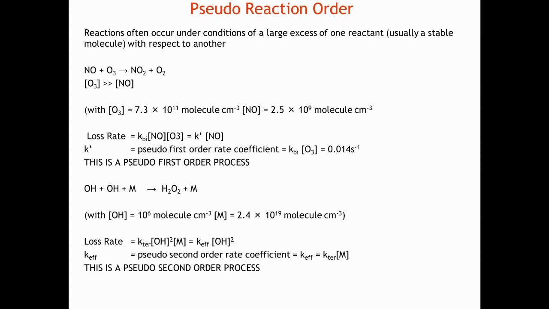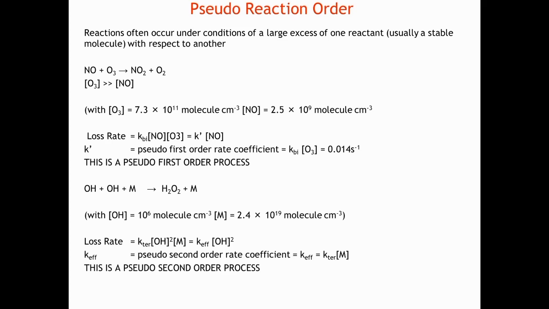But if you look at this reaction, what's the concentration of OH in the atmosphere? Roughly, ground level OH concentration. Anyone got an idea what it roughly is? 10 to the 6 molecules per cc, roughly.